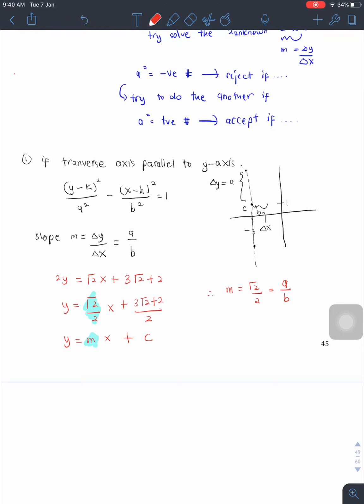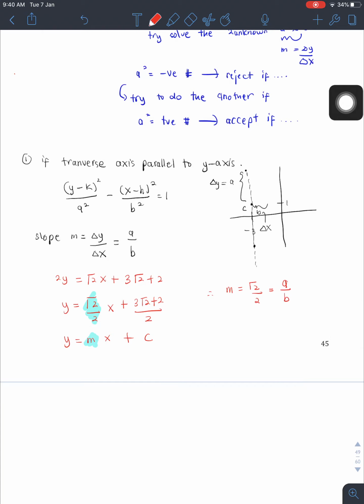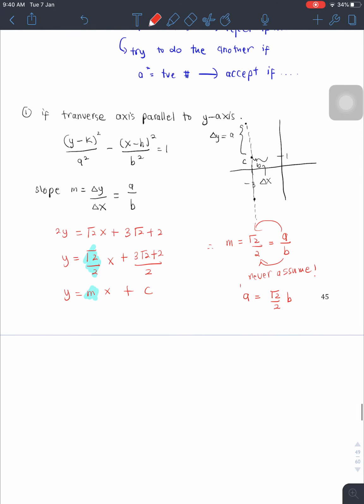Okay, now over here, you cannot simply assume that your a is root 2, b is 2. You never assume, because it's simply a ratio. So what you have to do is make one equation. For example, you want to make a the subject, so a should be equivalent to root 2 over 2 b. Now you got one equation already with two unknowns, unknown a and unknown b.